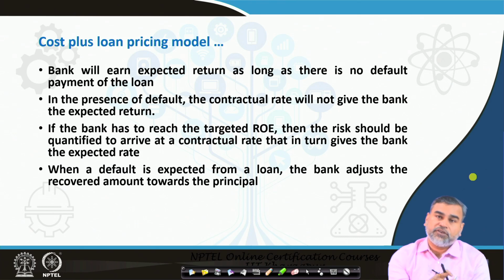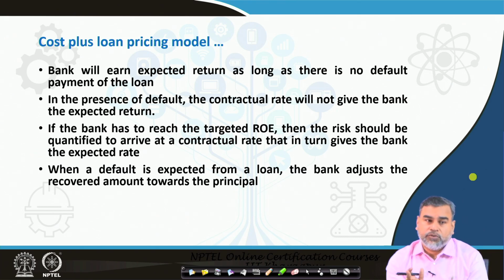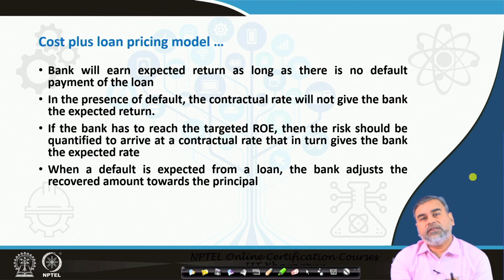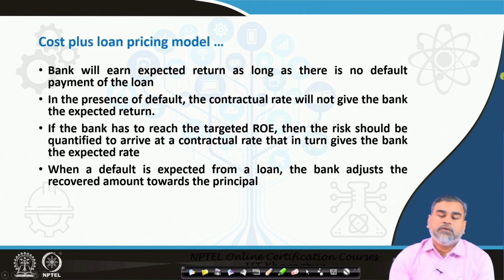If there is a deviation between the contractual rate and the price of the loan, that is happening because of certain kinds of defaults. So, the bank will earn the expected return as long as there is no default payment of the loan. So, in the presence of default, the contractual rate will not give the bank's expected return. Whatever expected return the bank is trying to get, that is not achieved if there is a probability of default.